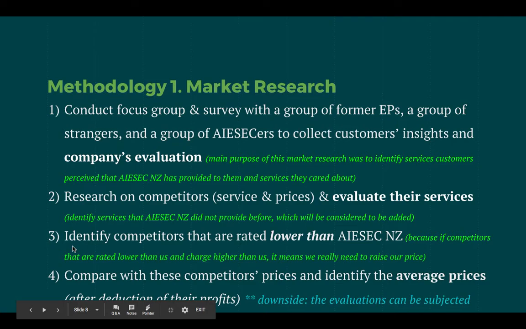After that, we are going to do evaluations comparing with our competitors. And we are going to identify competitors that are rated lower than us. The reason we chose to compare with the competitors who are lower than us is because if those competitors rated lower than us and they still charge higher than us, then it means that we need to raise our price.